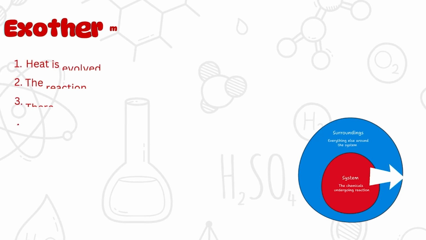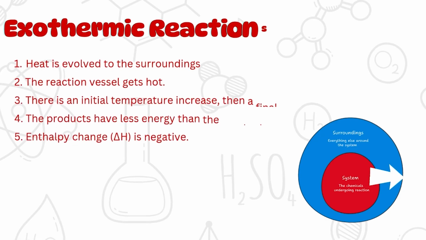With exothermic reactions, heat is evolved to the surroundings, the reaction vessel gets hot, there is an initial temperature increase on your thermometer, and then you'd see a final decrease. The products have less energy than the reactants, and the enthalpy change, or delta H, is negative.